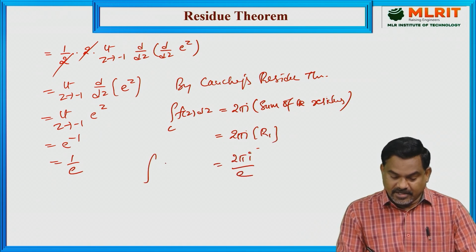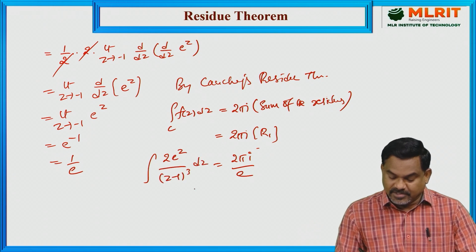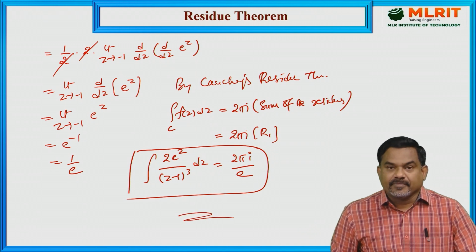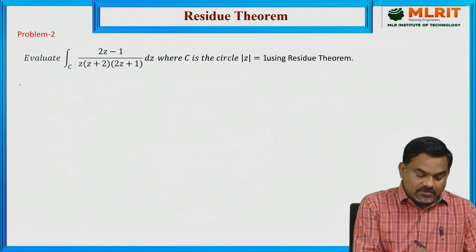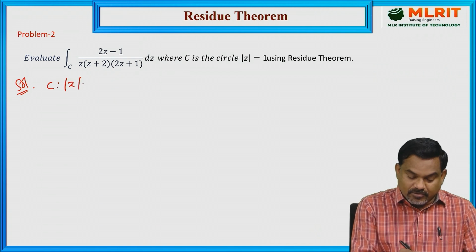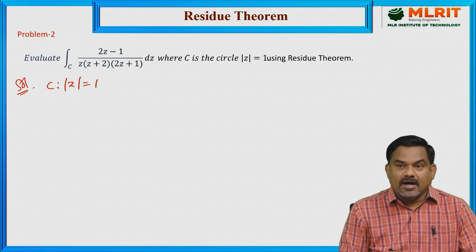So the line integral of 2 e power z by z plus 1 whole cube dz is equal to 2 pi i by e.